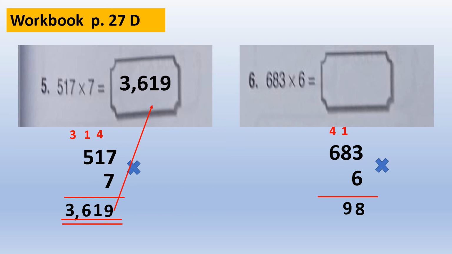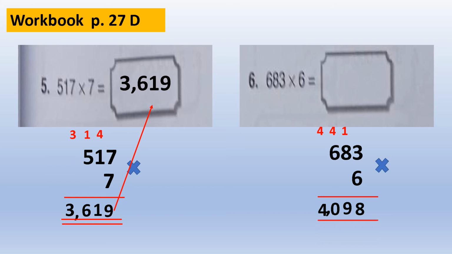And then 6 times 6 is 36 plus 4 is 40, but you write only 0 and then carry over 4 to the next place. There's no digit in the thousands place, so just bring down 4.